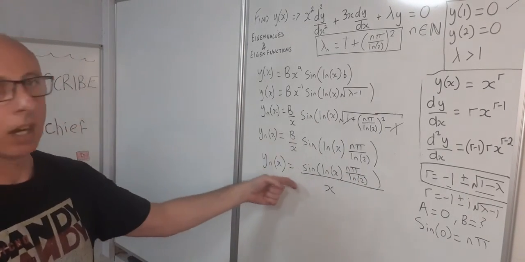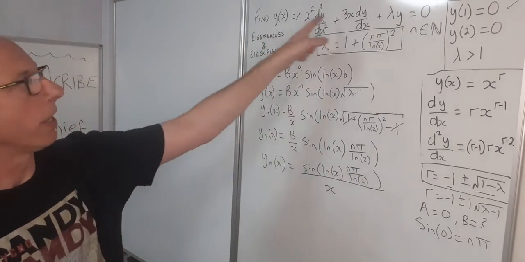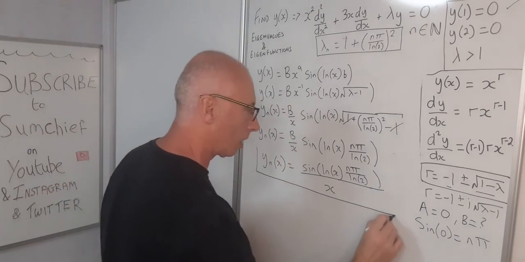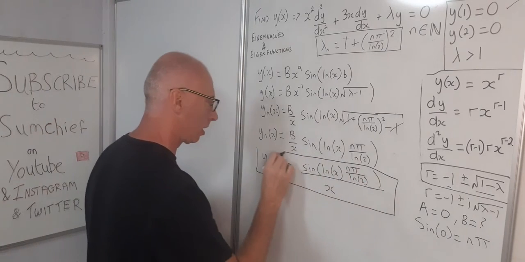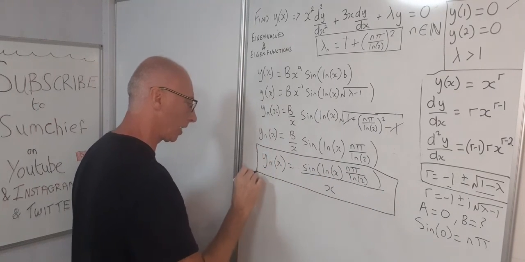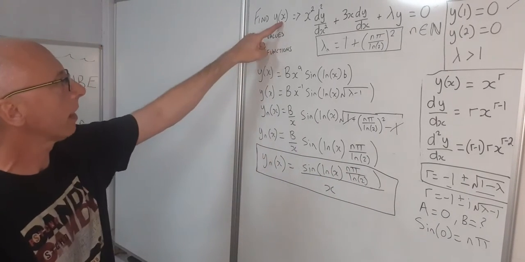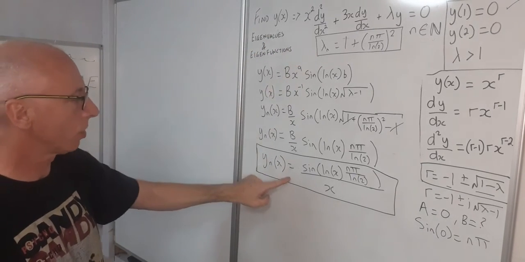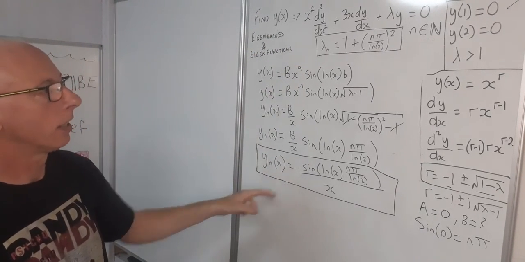And that's going to be our eigenfunctions for this equation here. So that completes where we got to today, finding our y of x, our eigenvalues, which are here, and our eigenfunctions, which are here. Okay.